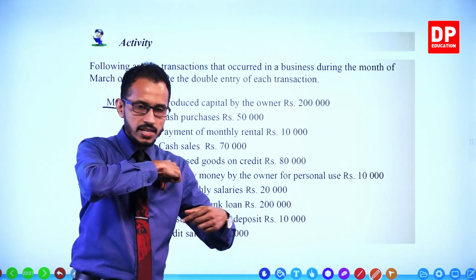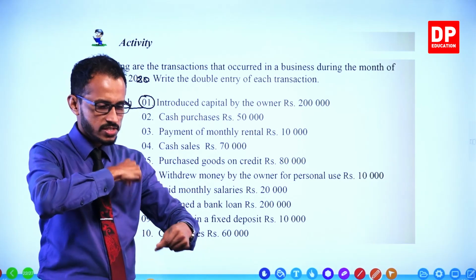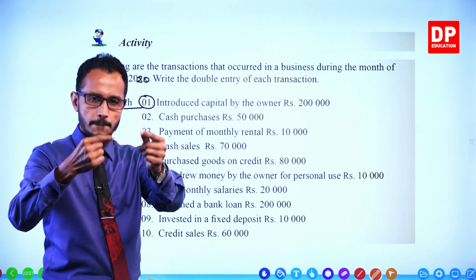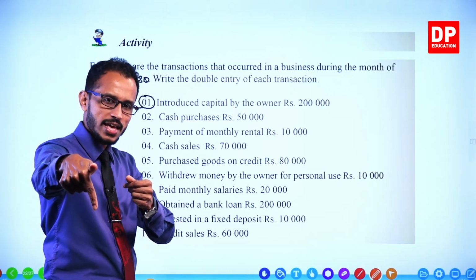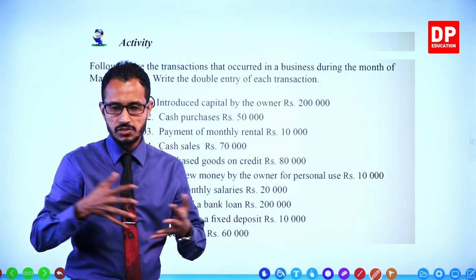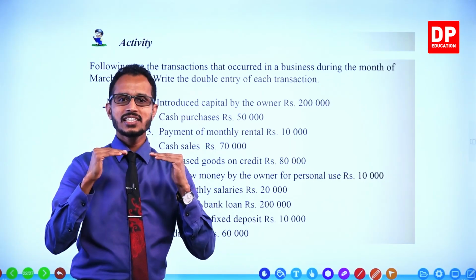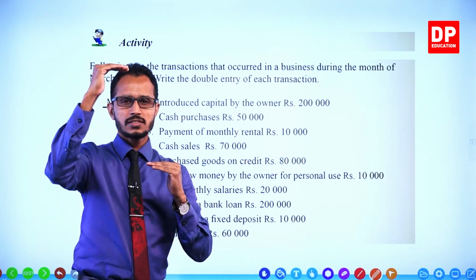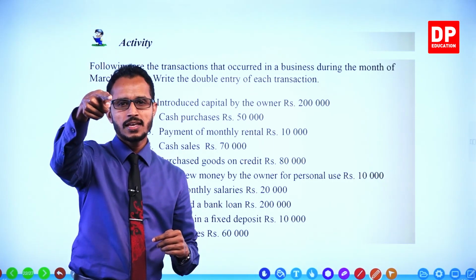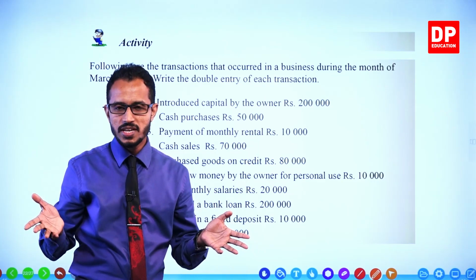I bring in 200,000 from my pocket and invest it in the business. There you go. You received cash, 200,000. What happens to the cash asset? Assets increase. Debit.